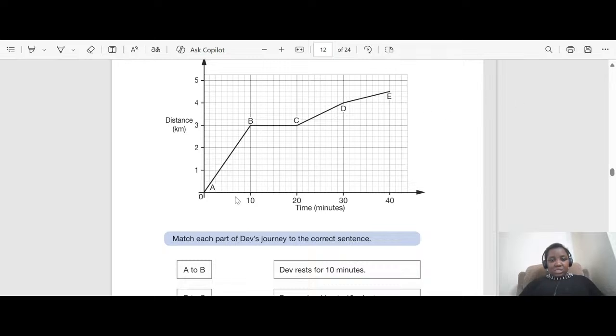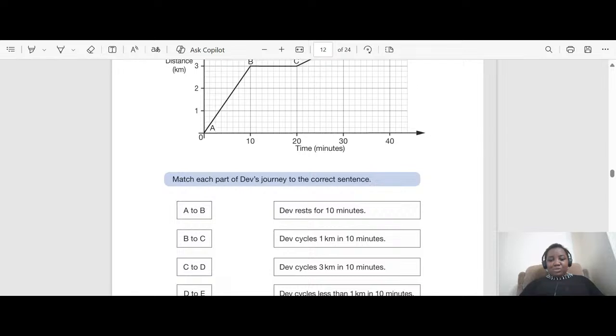Okay, let's take a look at that. That is from point C to D. Because at point C, he started when it was 20 minutes and it ended when it was 30 minutes. So that means he did this distance in 10 minutes. And then it went from 3 kilometers to 4 kilometers. So that's from point C to D.